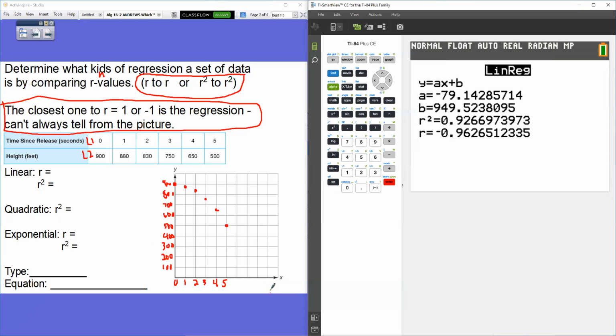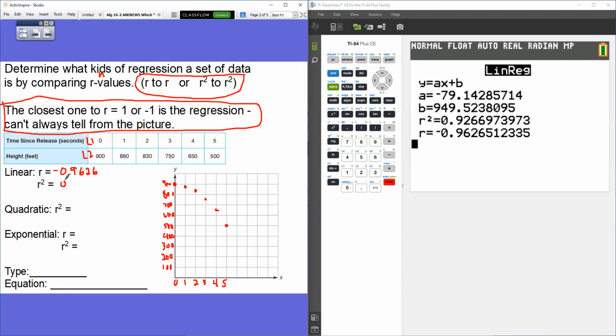For linear, our R value is negative 0.9626. I'm just going to write down the first 4 place values. You don't have to round with the R values today. Whatever the first 4 numbers in our R value are, that's what I'm going to write.